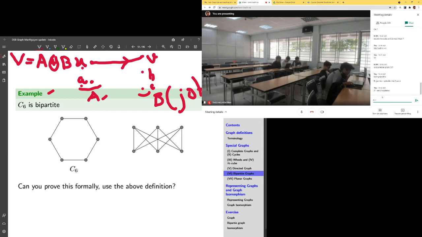Read the chat box. We talk about the splitting. Then we talk about the connection. Look at the picture and read the chat box as well.